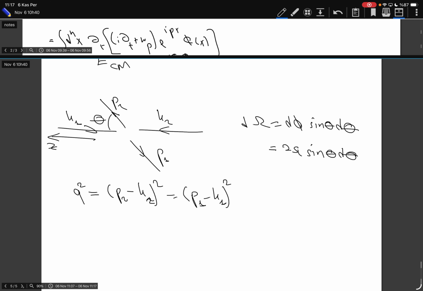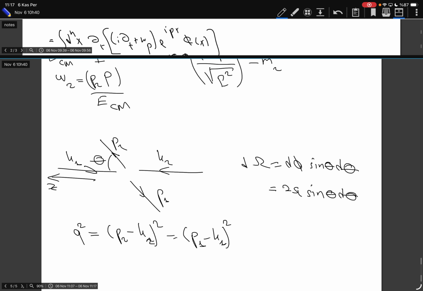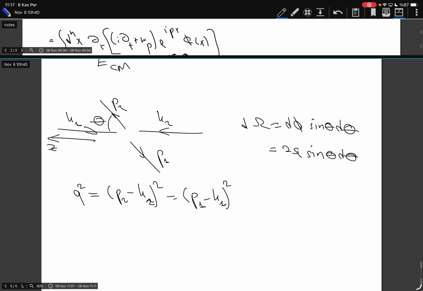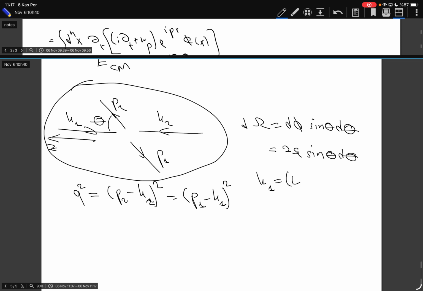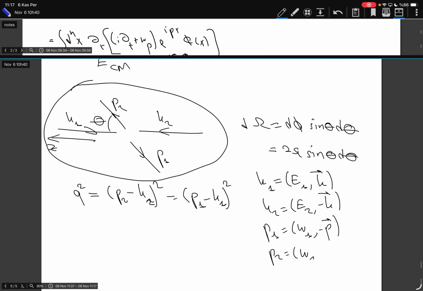And, well, if you like, let's say in this reference frame, now K1 is E1 K, K2 is E2 minus K, P1 is omega 1 minus P, and P2 is omega 2 P.